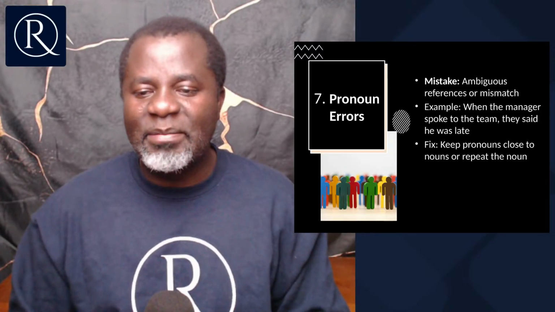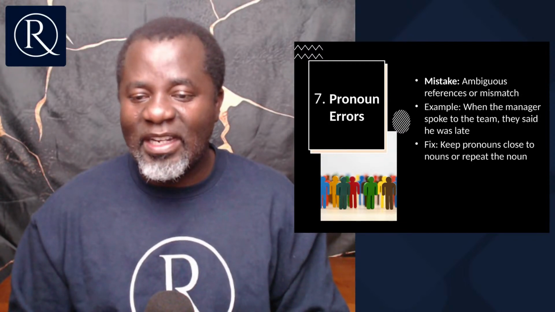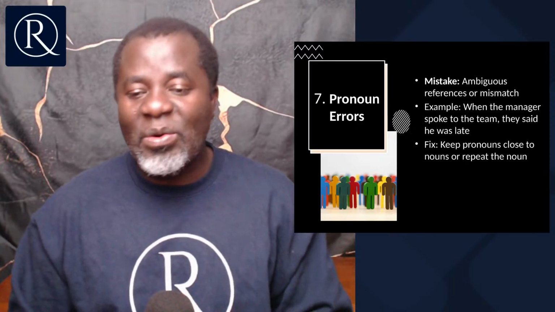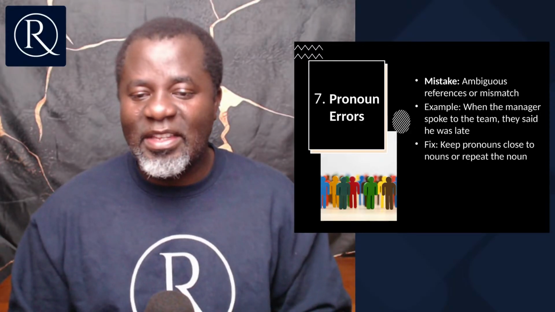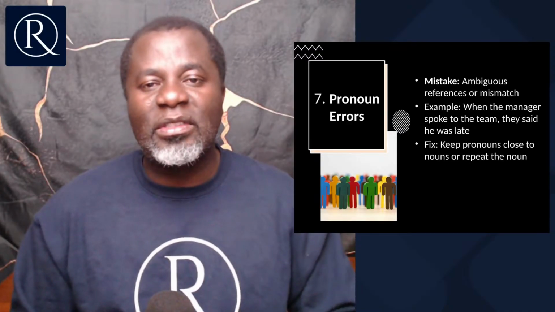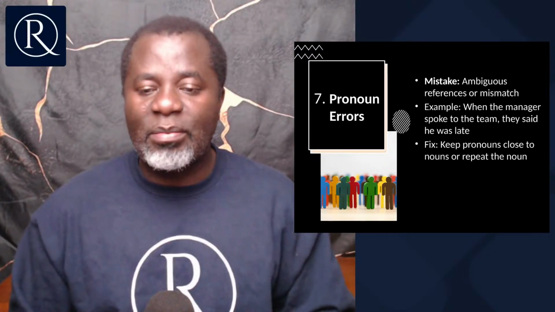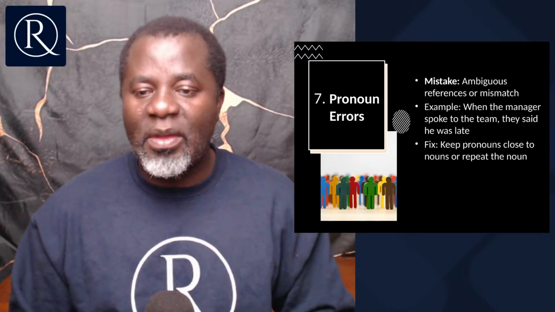Is it the team that said he was late? Who was late? Is it the manager? Is it somebody else that the manager talked about to the team? So this is ambiguous.